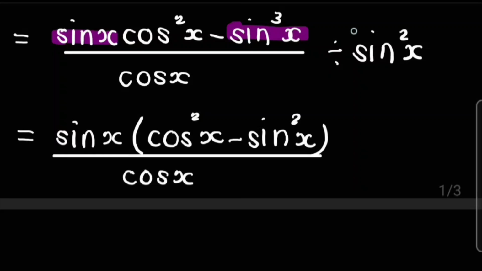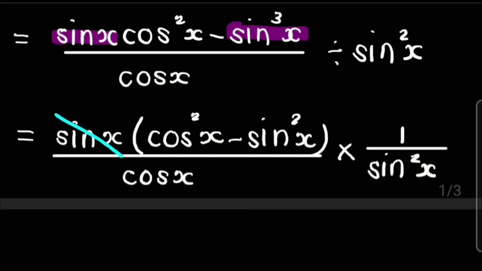Now here, in the previous step, we were dividing by sine squared x. You know that when you are dividing 2 fractions, you change the division into a multiplication, and your second fraction gets inverted. Now at this point, you are allowed to cross-cancel. If you notice any of your numerators and denominators are the same, they can cancel out. So in the first fraction, we've got sine x, which is going to cancel out with one of the sine x from the bottom.